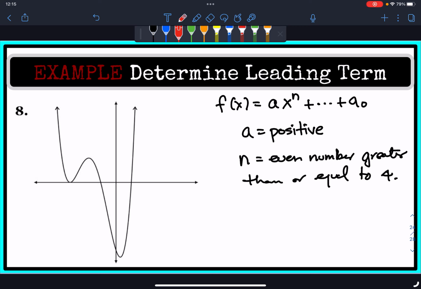And 4 because there's 1, 2, 3 turning points. 3 plus 1 is 4. So this is again what the leading term to this polynomial equals to. Okay, so we have information about the leading term.